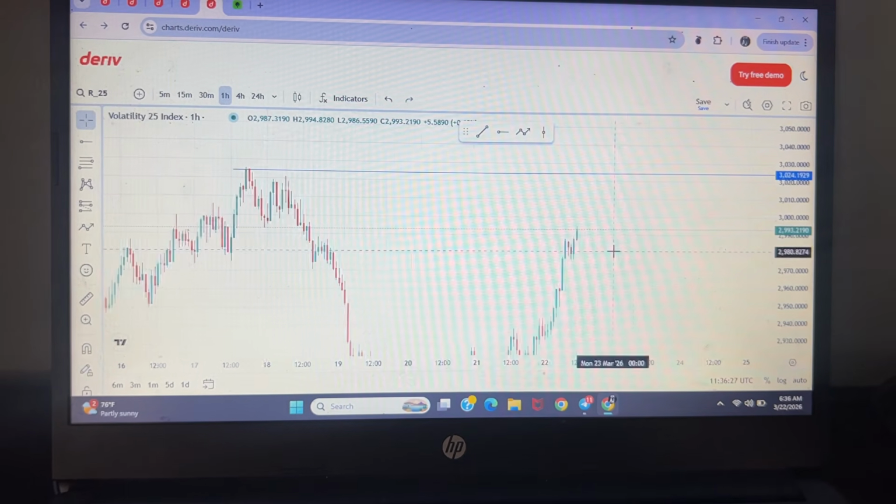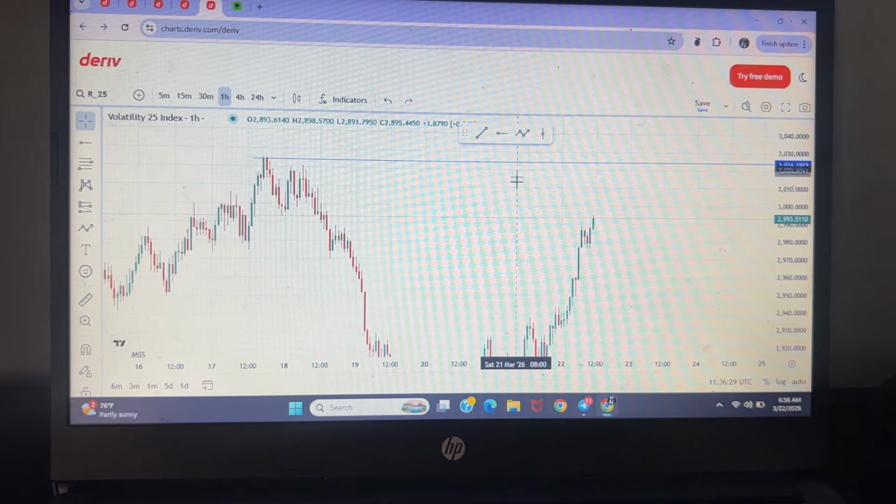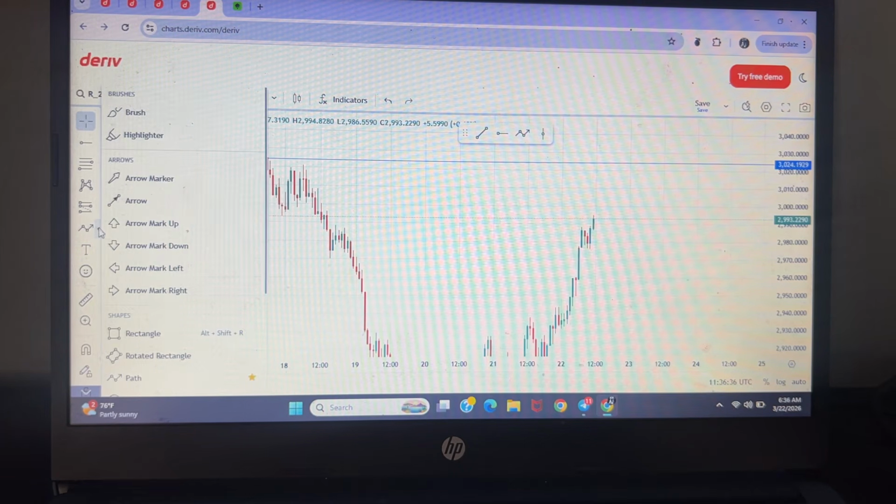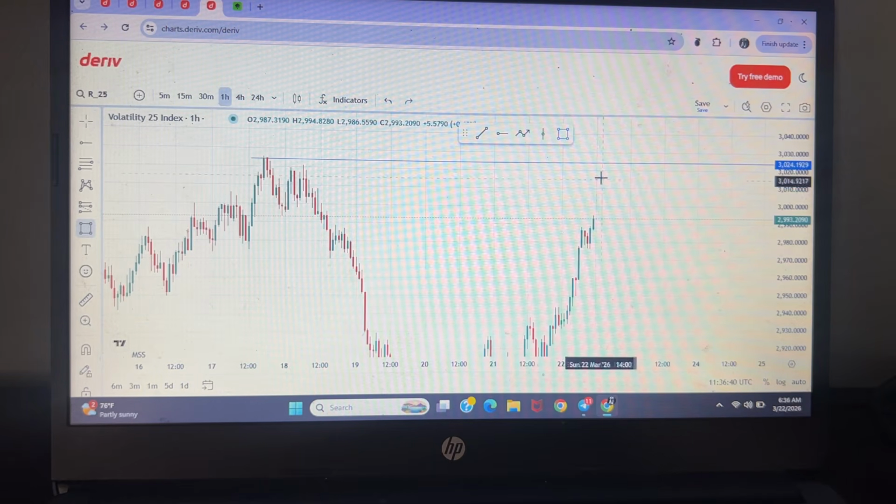And now what we do after here is, so for example, price, let me get this tool. Alright, so for example, price reaches right there, price making these highs, right?